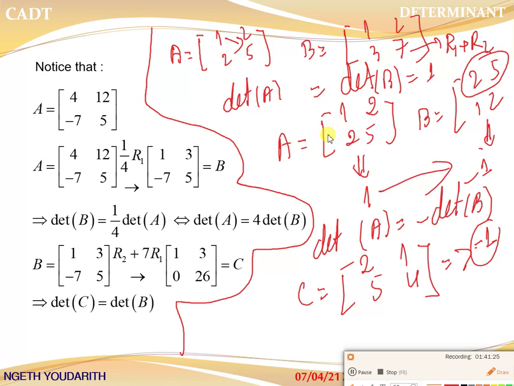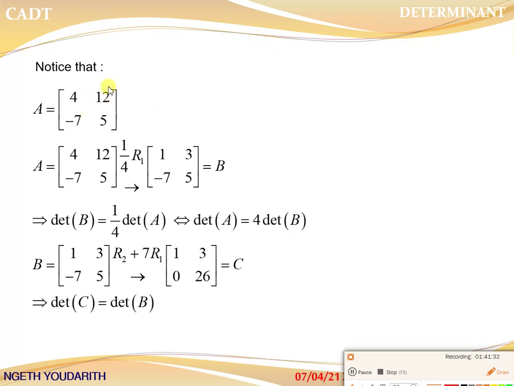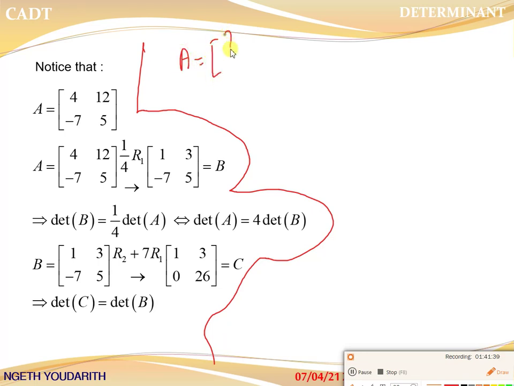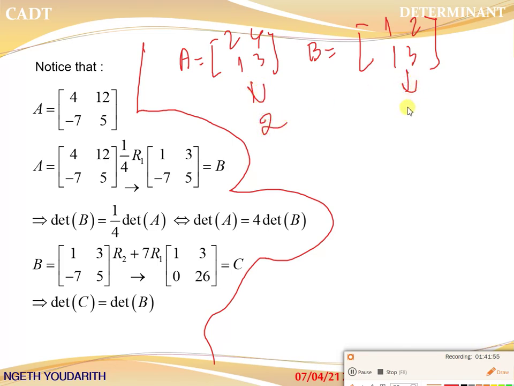But when we take this matrix, here I write A equal to 2, 4, 1, 3, and B is equal to 1, 2, 1, 3. This determinant is 2 and this determinant is 1.